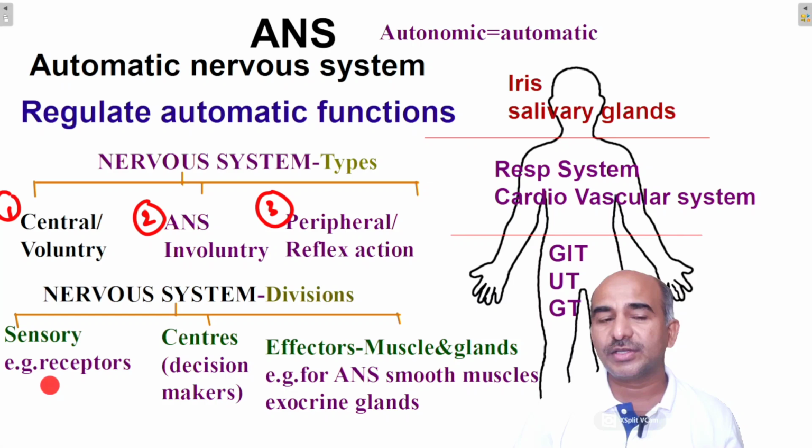The sensory system has receptors, and the motor system has effectors. Effectors are muscle and gland. In the voluntary nervous system, there is skeletal muscle. In the involuntary or autonomic nervous system, there are smooth muscles and exocrine glands, for example, the salivary gland.